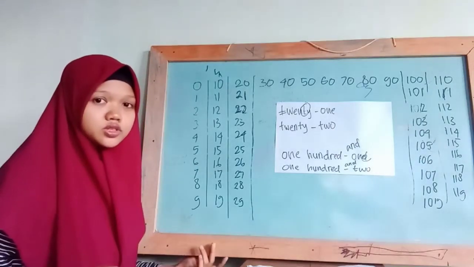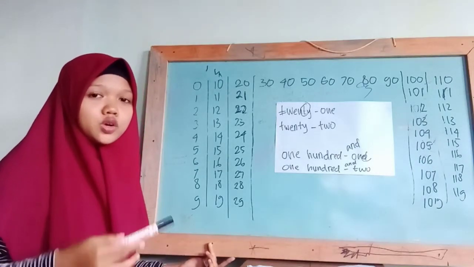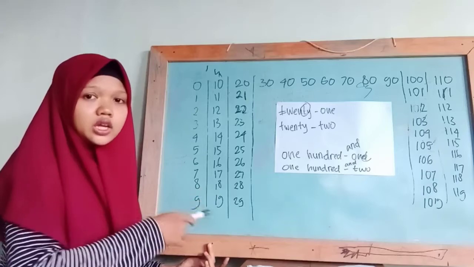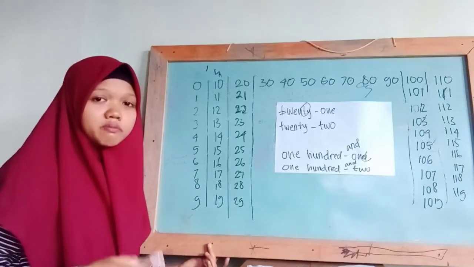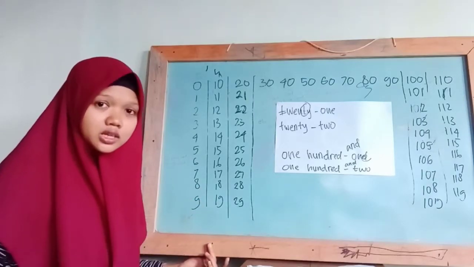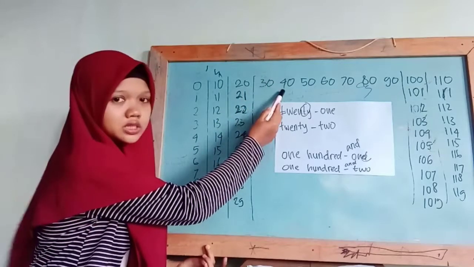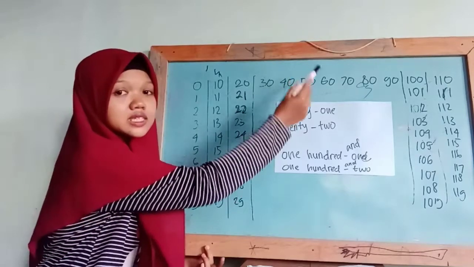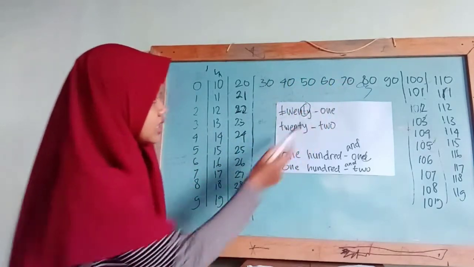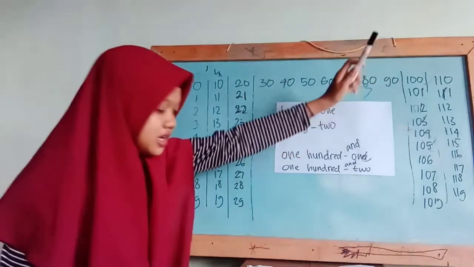You can pronounce it, of course, if you want to, but we almost never pronounce that T; it sounds almost like a D. 40, 50, 60, 70, 80, 90.